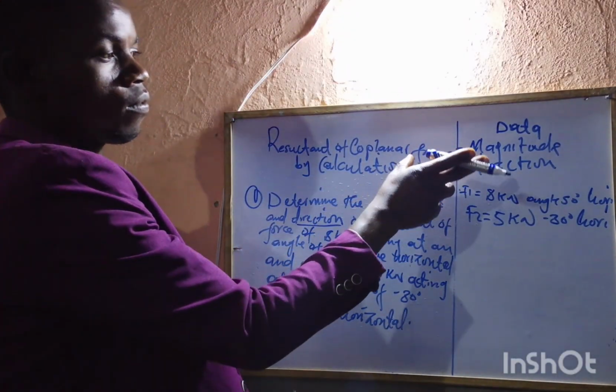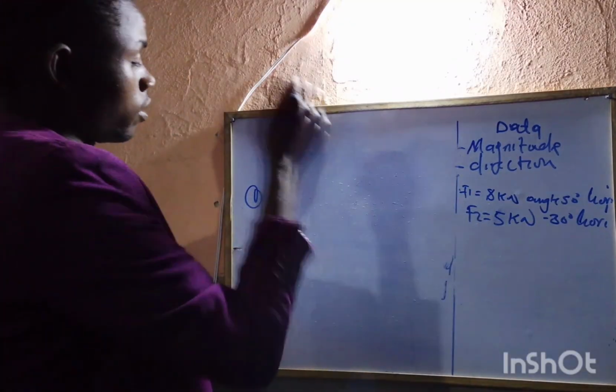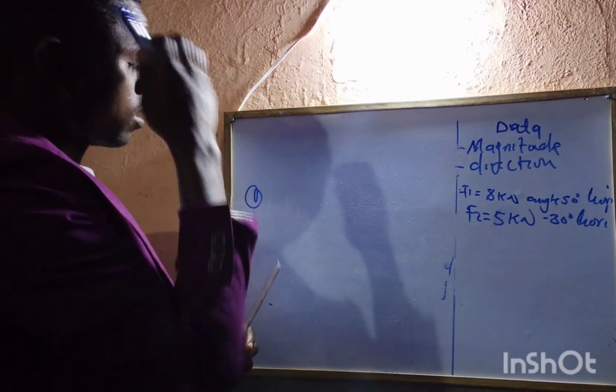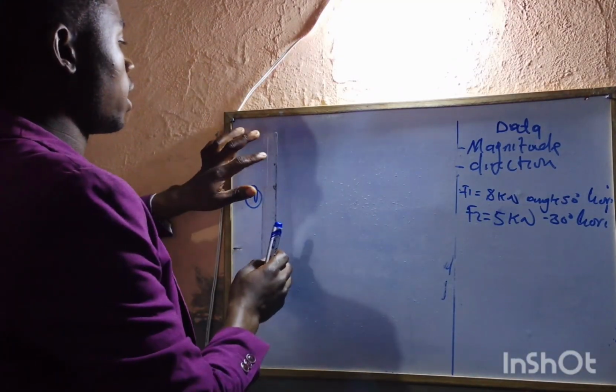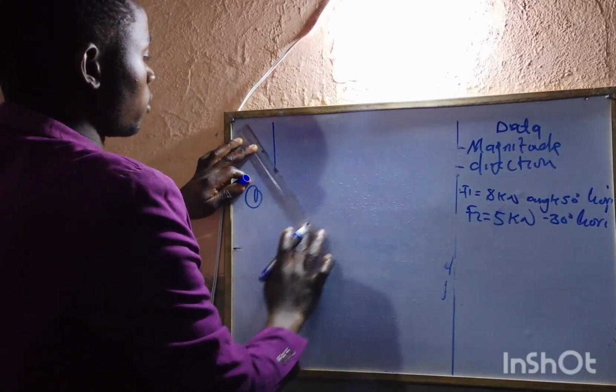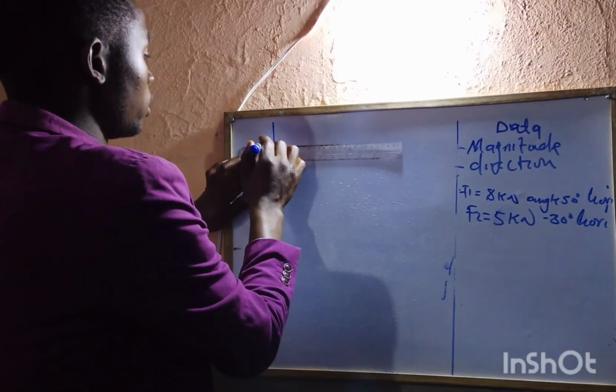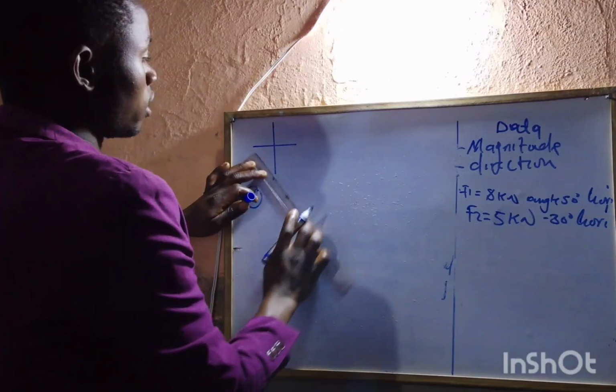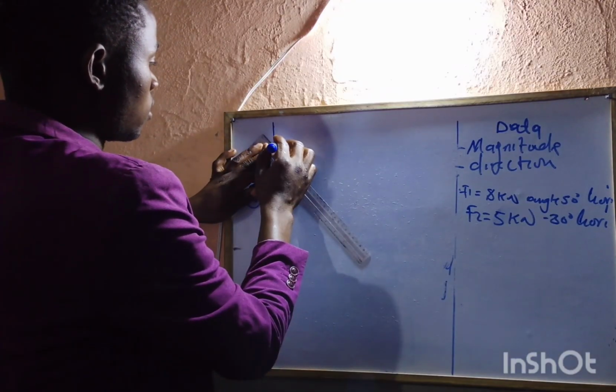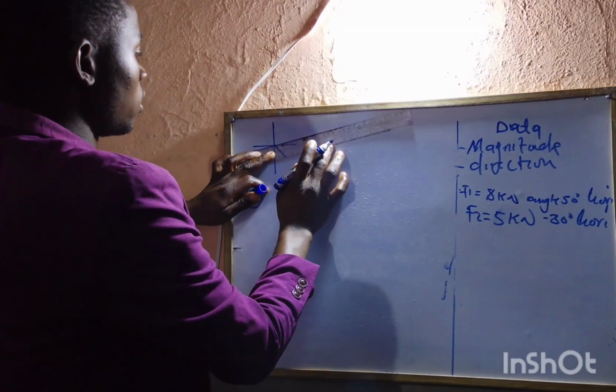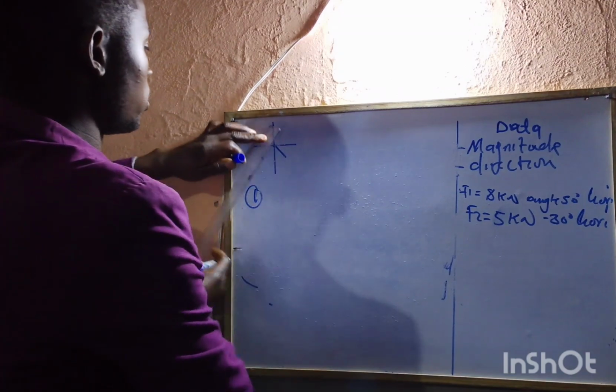So in this way, you write down the data. You start by drawing the space diagram here. When you are dealing with vectors, you have to draw the space diagram for you to find all the calculations which you need.